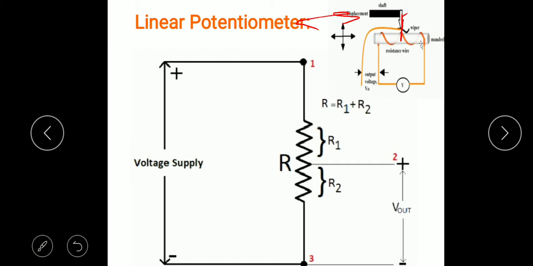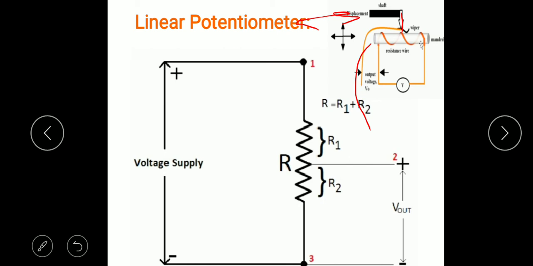The main function here of the wiper is that it will slide on this mandrel portion. There is the wire winding, so when the wiper slides on that mandrel, the resistance available will change.